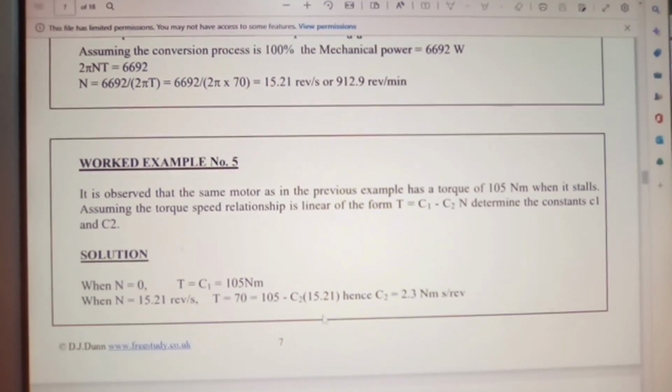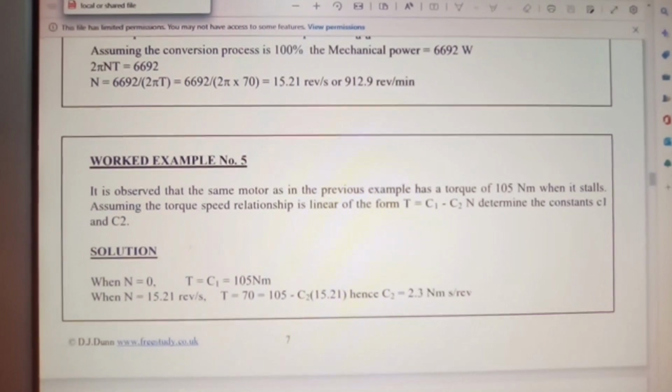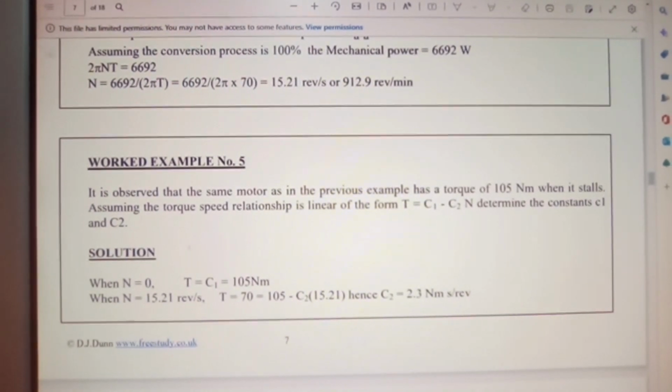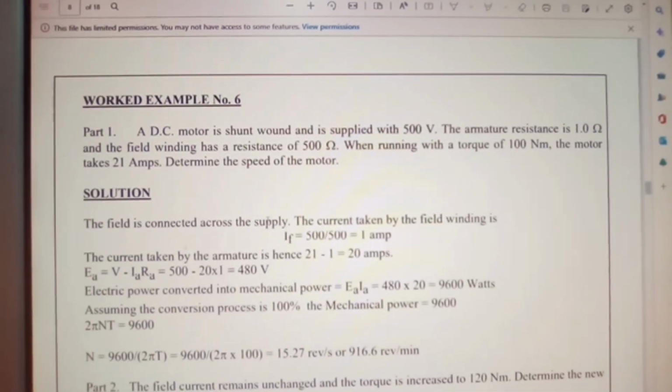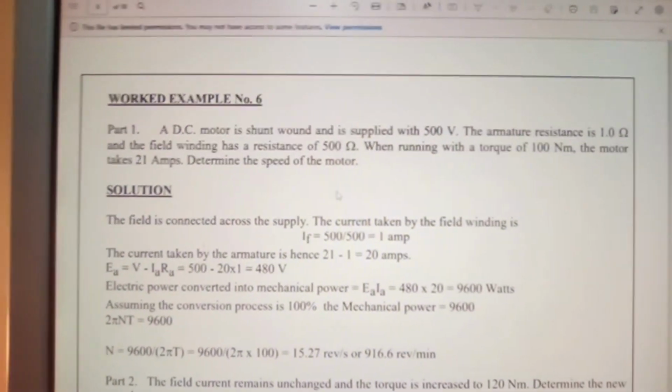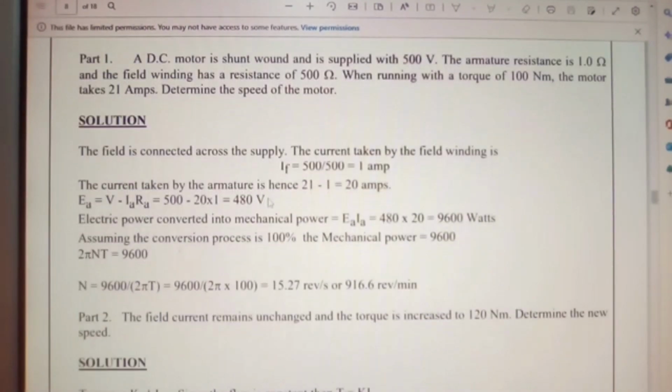So the question still stands, as he has related this to the previous question, okay? So keep that in mind and read the information given, okay? Again, here you have work example 6. Again, I'm not going to go through this with you. You will do this for yourselves, okay?